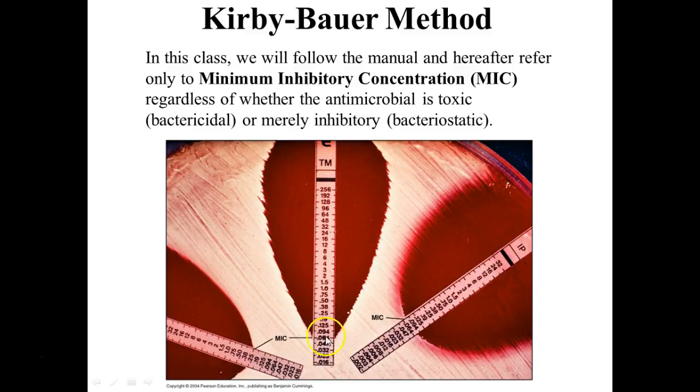And where it intersects is the minimum inhibitory concentration. So they could go as low as 0.04, and it'll still kill. Past that, notice it didn't. It grew right up to the end of the stick. So this is known as the E-test. Different from what we did, which was the disc diffusion.